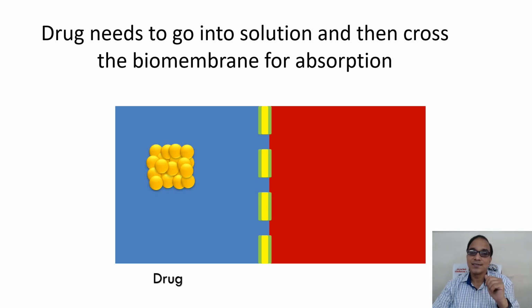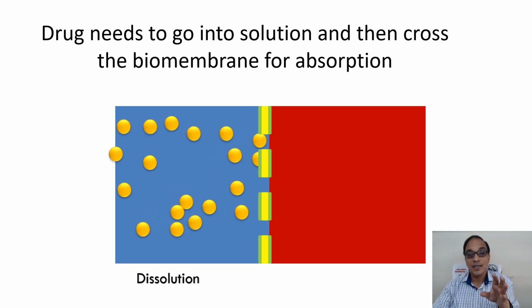Let's see. This is the drug in the GIT. Then dissolution occurs. The drug goes into solution per unit of time, so it's a function of time. Basically, dissolution is solubility as a function of time.